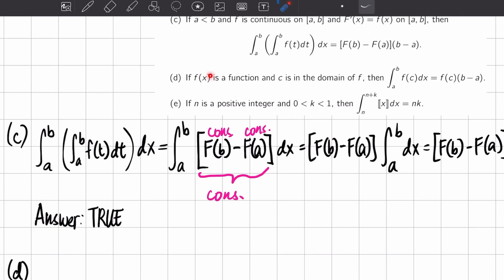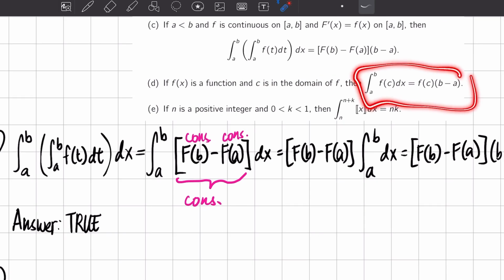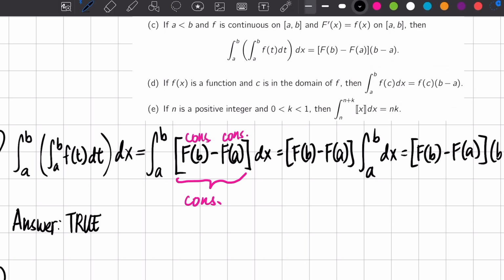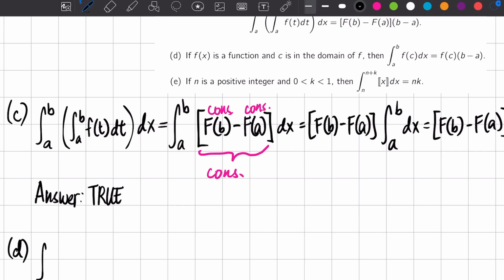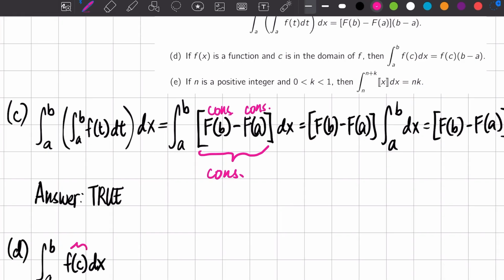Letter D, if f of x is a function and c is in the domain of f, then this integral is f of c times b minus a. So it's actually just the same as letter C. Observe that for this integral right here, since c is in the domain of f, we know that this exists, and furthermore, it is a constant.